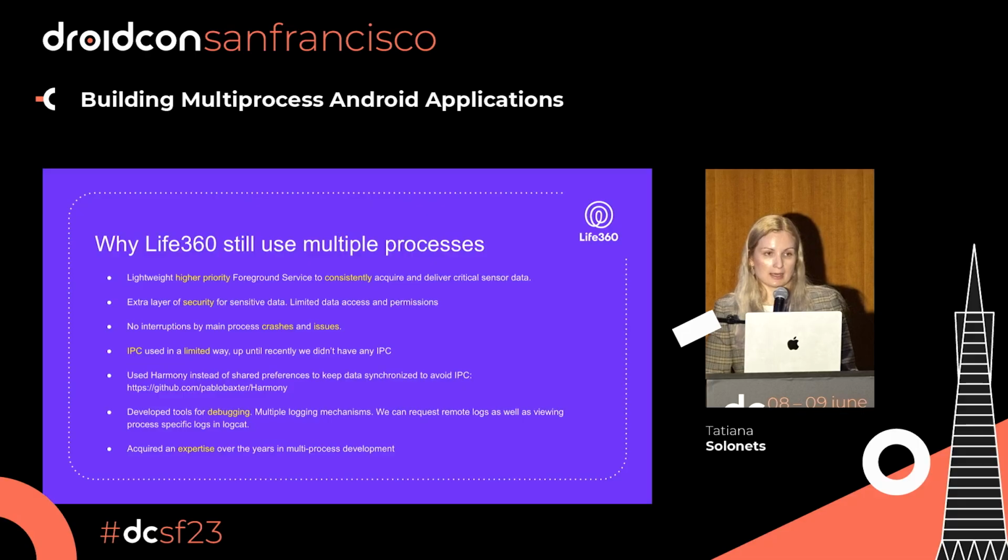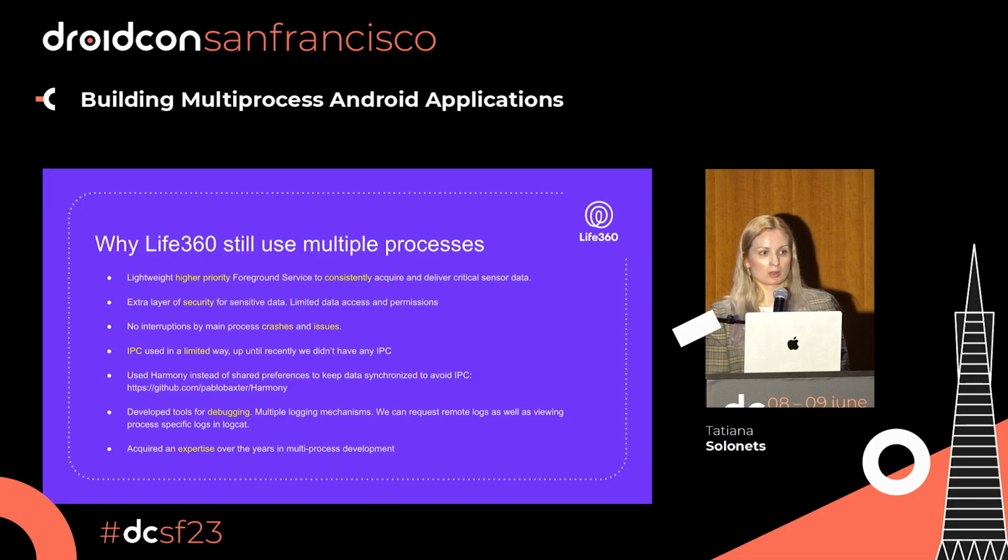And just to summarize, there's a lot of good and bad, and here is why in Life360 we still decide that it's absolutely worth it to have multiple processes. First one is that we want to be able to create a lightweight, high-priority foreground service that consistently delivers our sensor data.